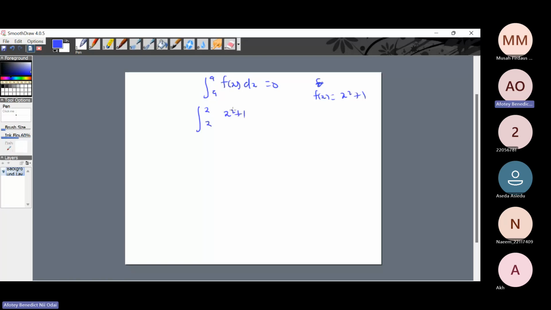The integral gives us x cubed on 3 plus x, from 2 to 2. Now this gives us 2 cubed on 3 plus 2, and all this minus 2 cubed on 3 plus 2. So this and this cancel out, giving us a 0.